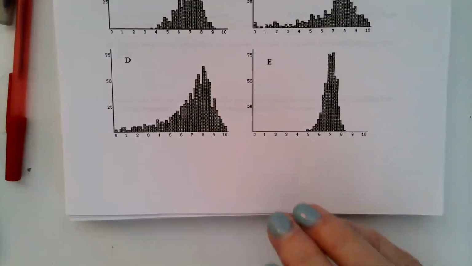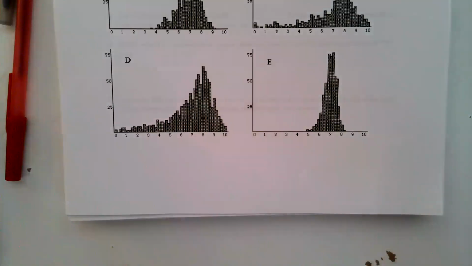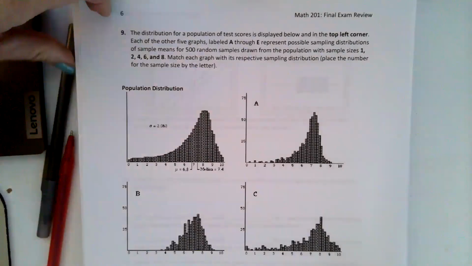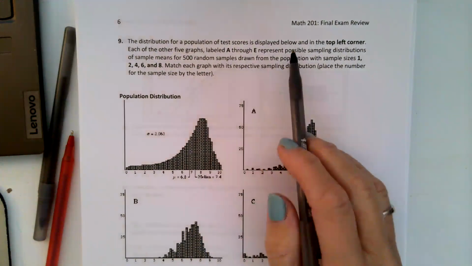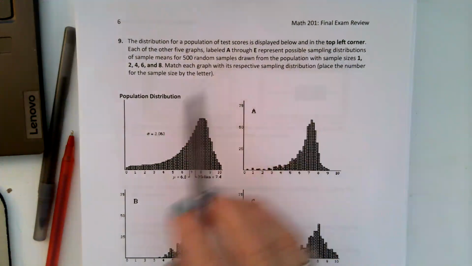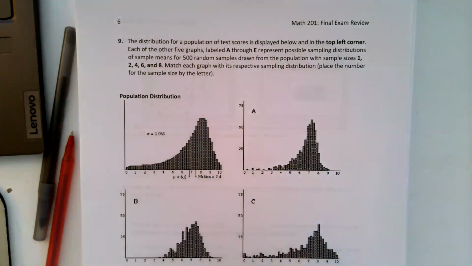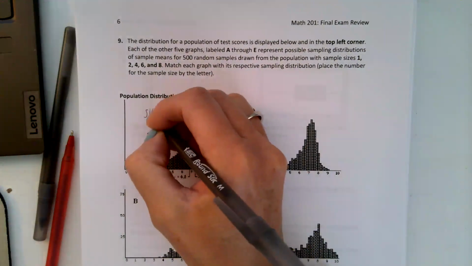Okay. The last question in this video is going to be question number 9, and then we're going to move on. So question number 9 says, the distribution for a population of test scores is displayed below and in the top left corner. So this is our population distribution. It's definitely a skewed left.